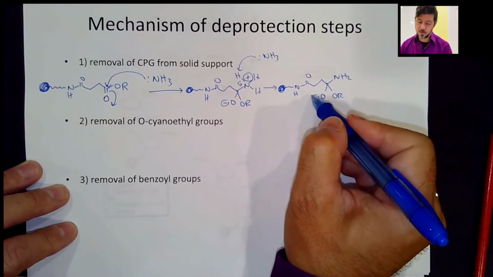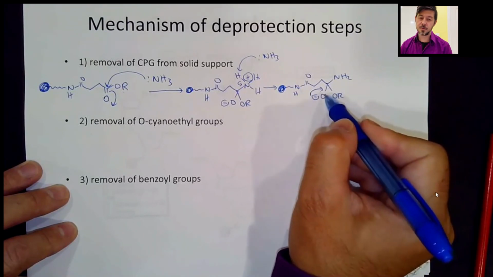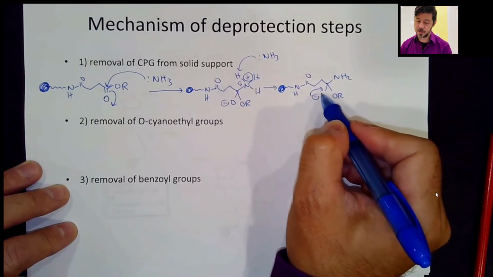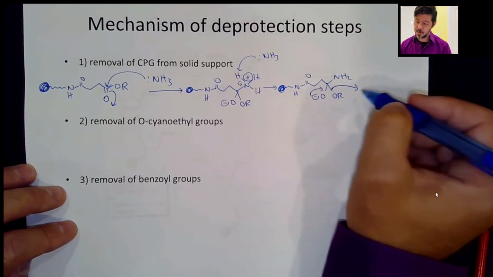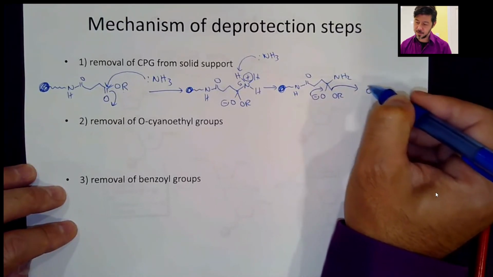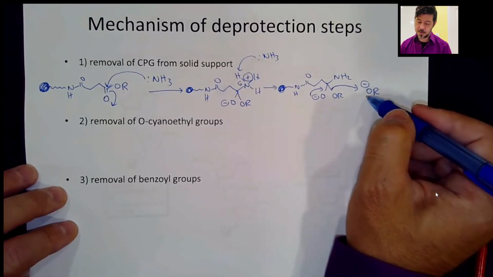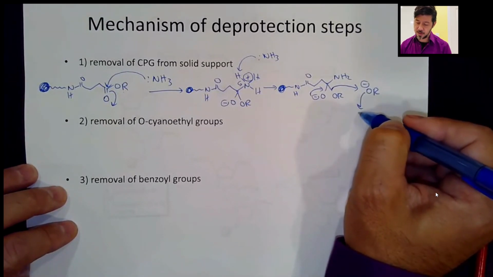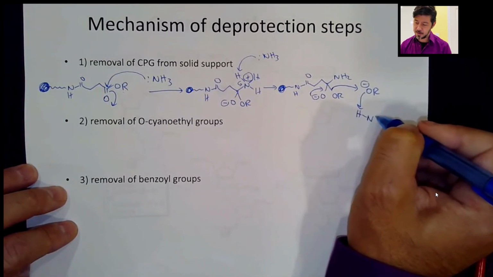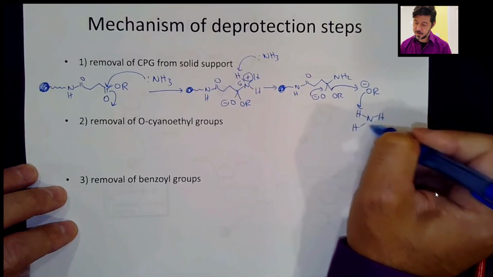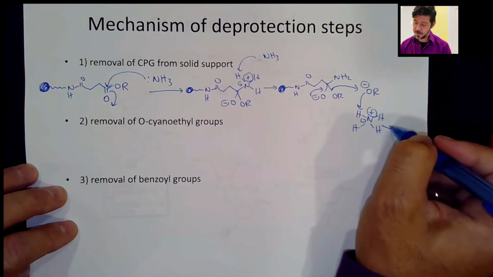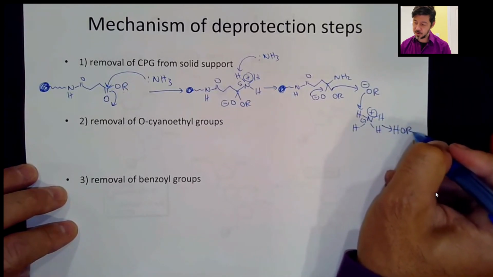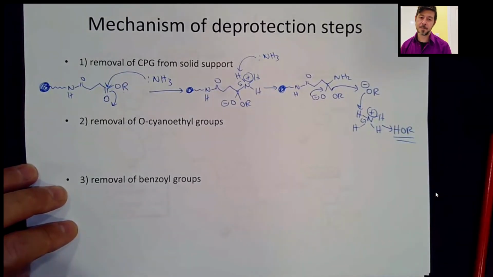Then you're going to collapse the tetrahedral intermediate, form a double bond here, and this will come off as OR minus perhaps, and then this can pick up a proton from the conjugate acid of ammonia to give you your DNA.